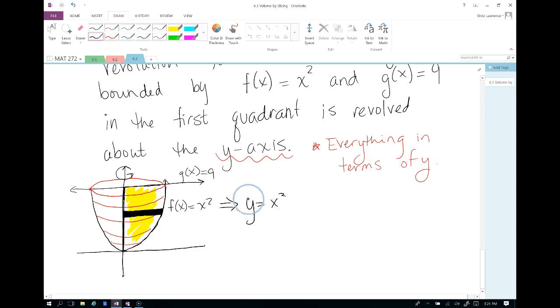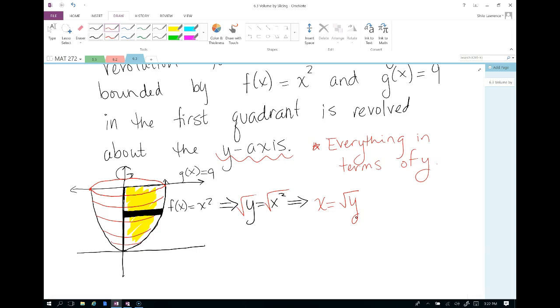Right now it's solved for the output variable of y and the input variable is x. We want to switch that around so that the output variable is x and the input variable is y. And we can do that if we just square root both sides. And what we get is x equals square root y.